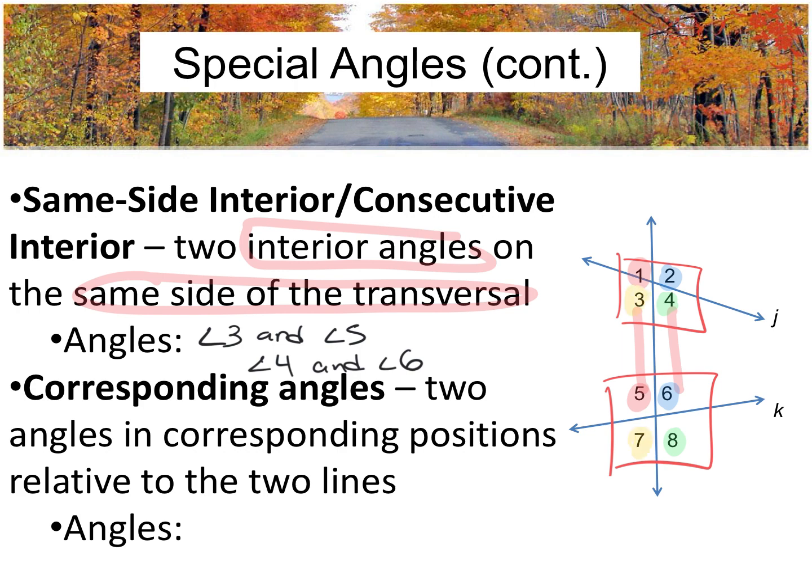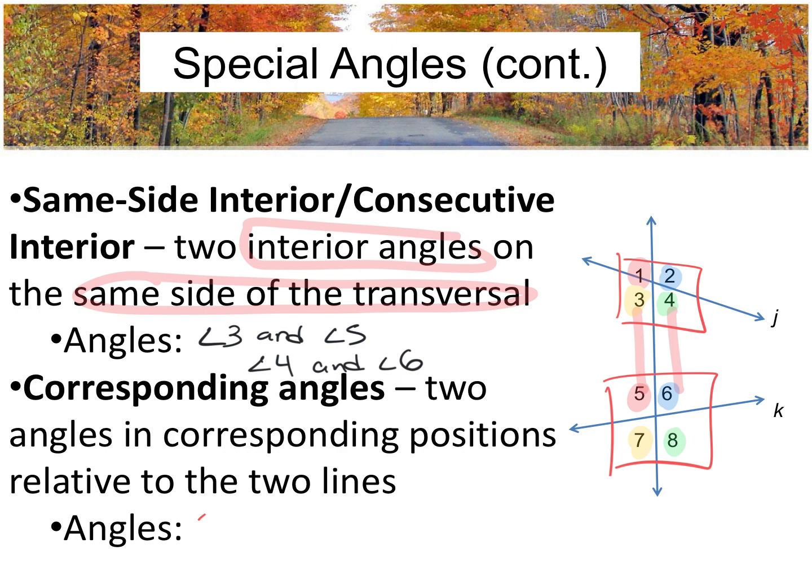So what you're honestly saying there is they're in the same position based on the line. So right now, not necessarily equal or congruent. It's more that they're in the same area. So the same side, the top corner, the left corner, top or down, depending on which one.